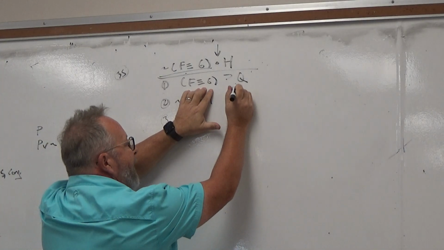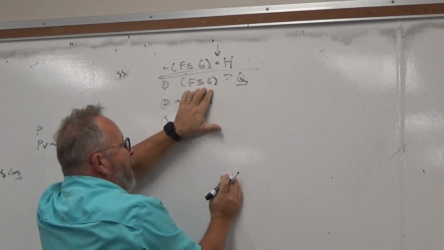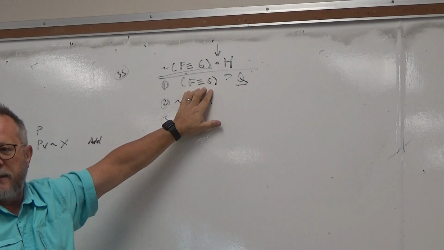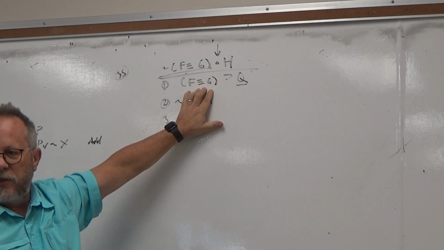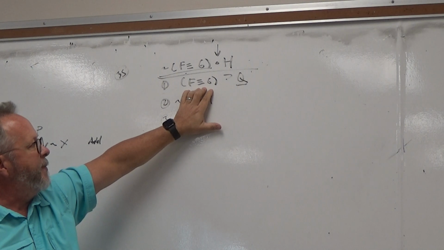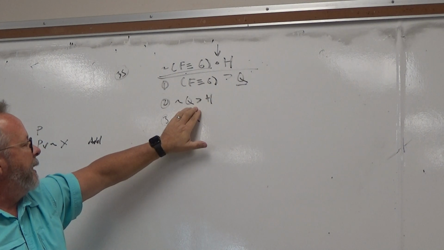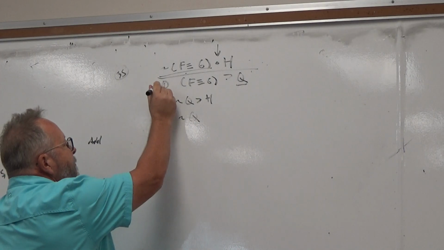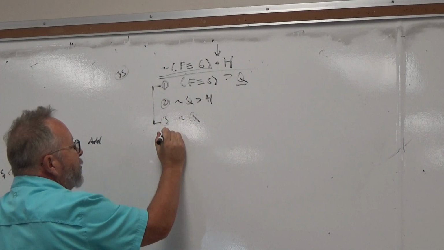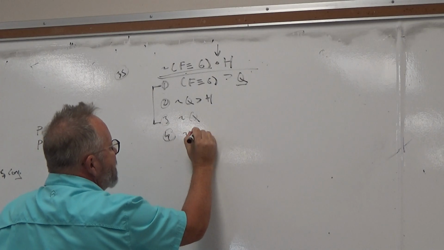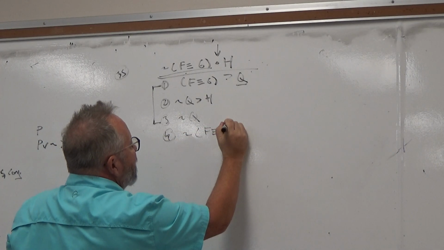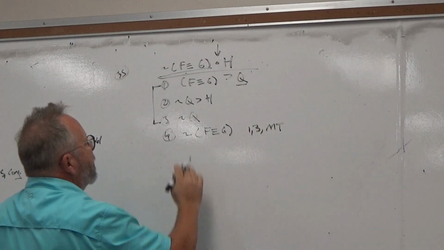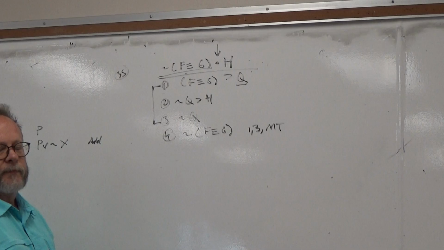Well, if I can find the opposite of the consequent, I can do modus tollens and get not F if and only if G. So let me see, do I have the opposite of the Q? Yeah, right here. So that's going to be my first step. 1 and 3 are going to get me not F if and only if G. 1, 3, modus tollens. Right, half the problem done.